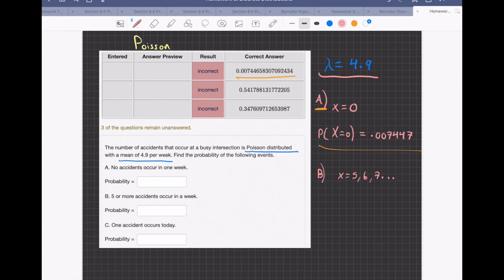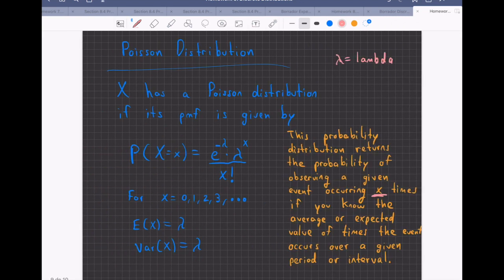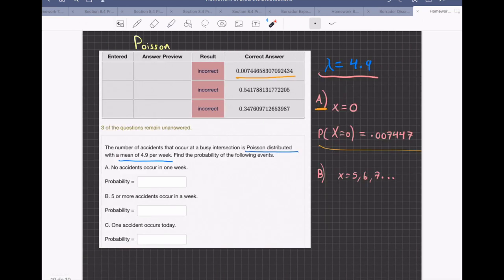How can we do that? Well, we don't need to. If you want to use this formula, you evaluate it at 0, 1, 2, 3, 4, and subtract from 1, so you have the complement, that is the probability for 5, 6, 7, and so on up to infinity.